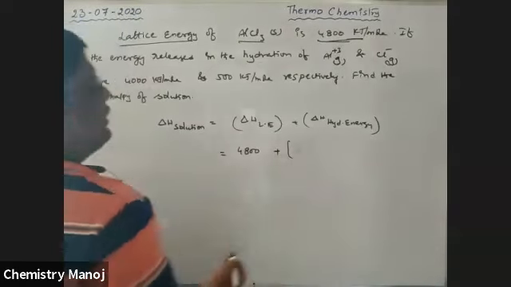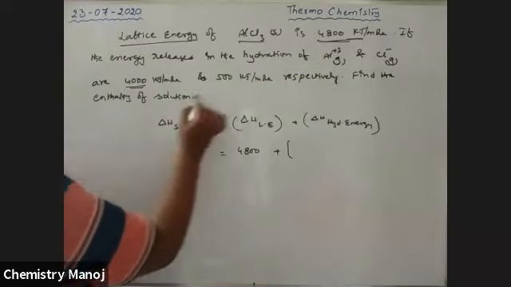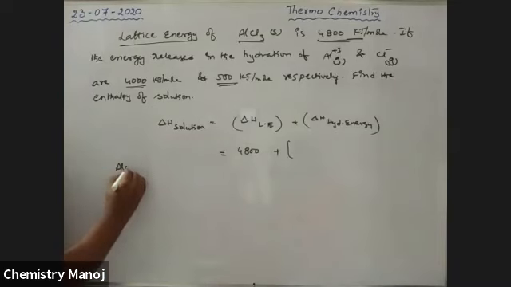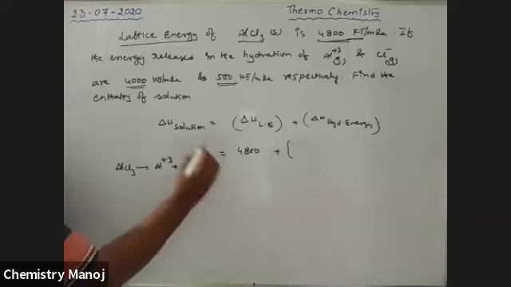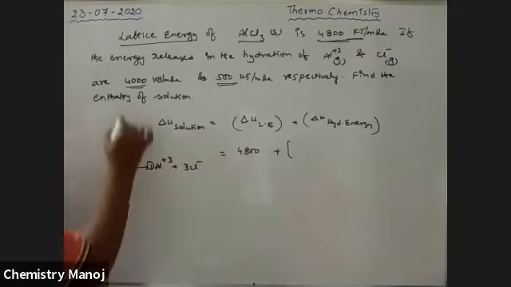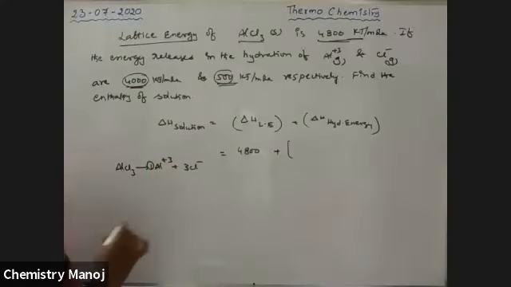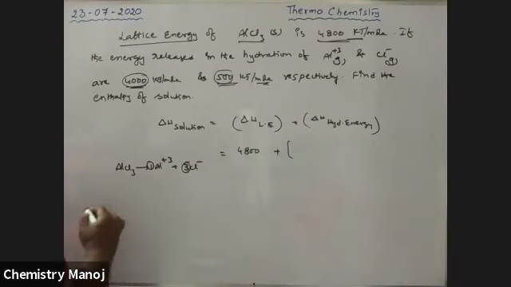That is the hydration energy of Al3+ is 4000, and of Cl- is 500. See here, AlCl3 breaks down as an Al3+ ion and 3 Cl- ions. Only one Al3+, so it is for one Al3+, and for one Cl- it is per mole, but here 3 moles of Cl- are there.